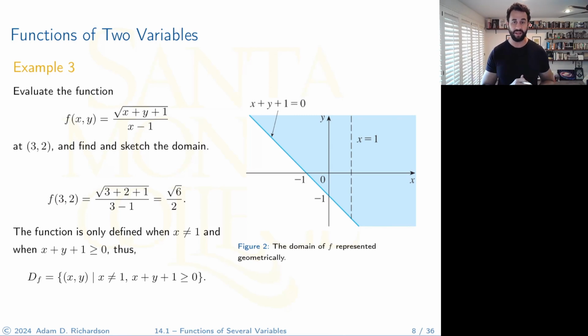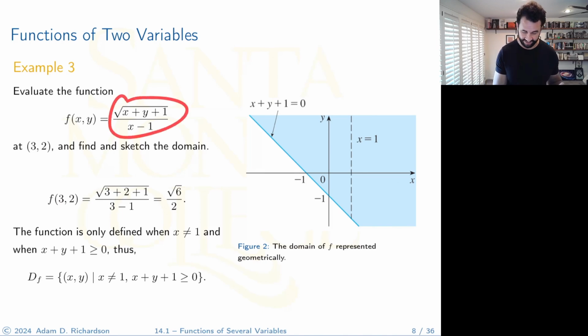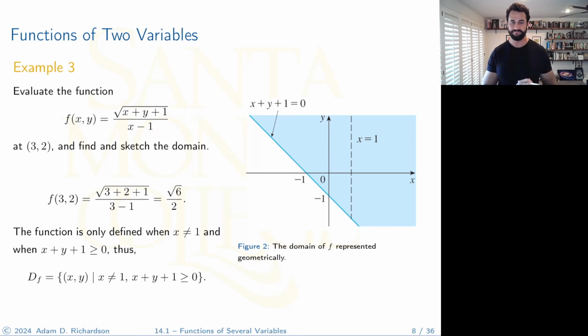Now for the domain, how do you find the domain? How you find it is basically the same way you did in the past. You need to look at all the pieces of your function and see where those pieces make sense, meaning that they won't error out.